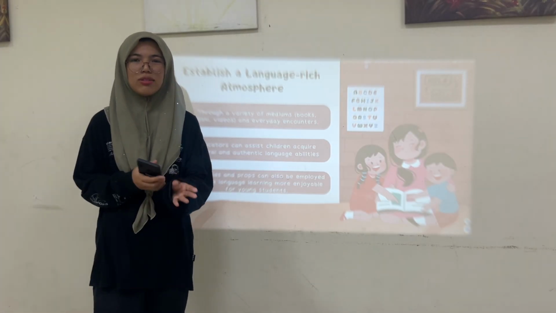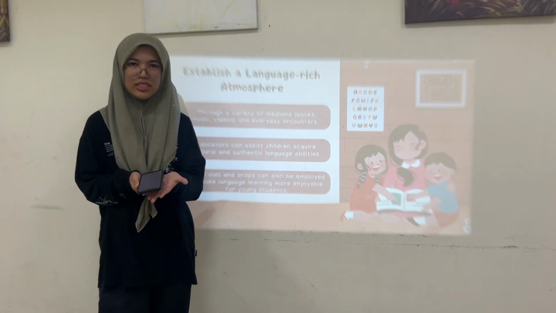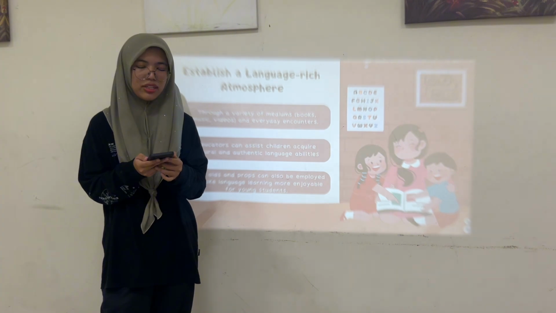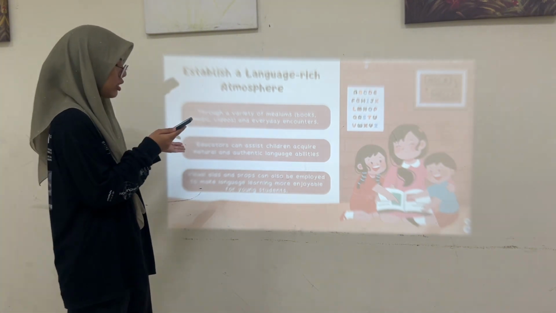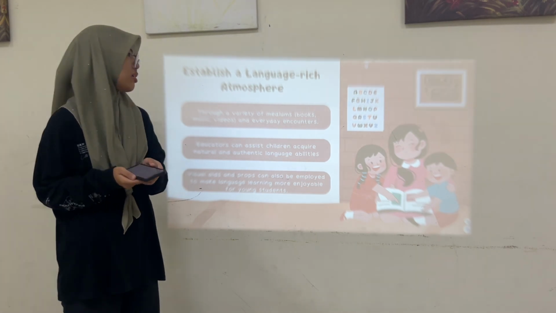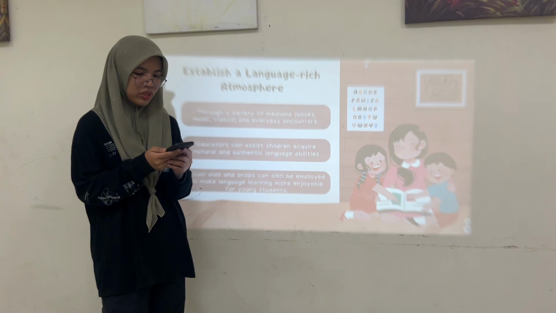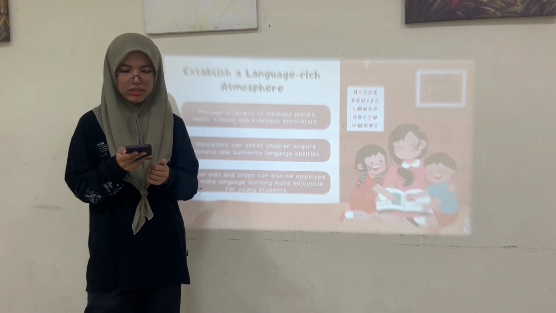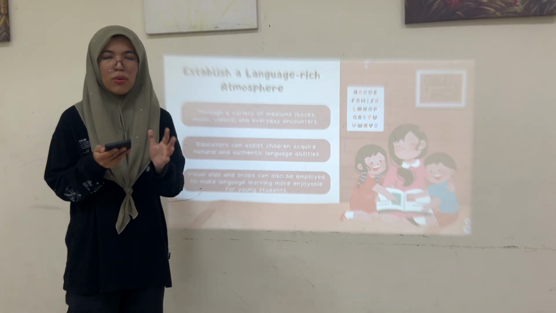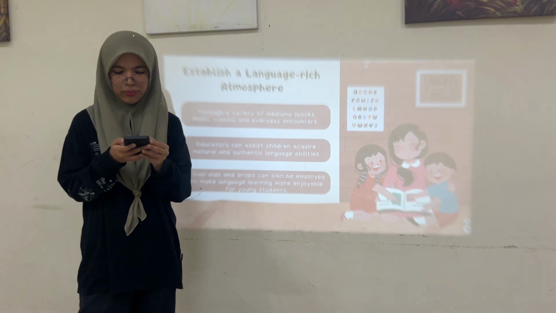Okay, now let's move on to our main topic, which is strategies for teaching the English language in bilingual or multilingual settings for early childhood education. One important strategy for teaching English in bilingual or multilingual contexts is to establish a language-rich atmosphere. This entails introducing youngsters to English through a variety of media, including books, music videos, and everyday encounters.